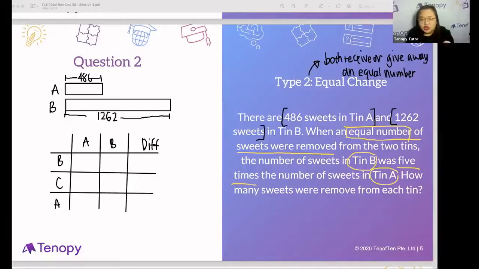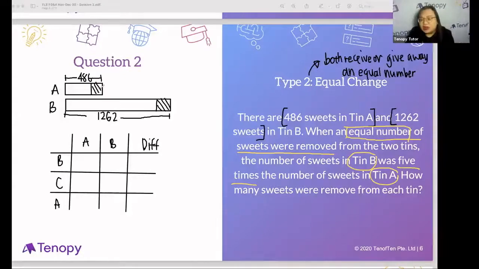So once I get the two models, they say both of them have an equal number of sweets being removed. Now, for those who draw models, please be very careful. If you want to draw the parts being removed, please do not cut from the front. I don't want to see students who draw this way and tell me this is cut away. This is wrong.